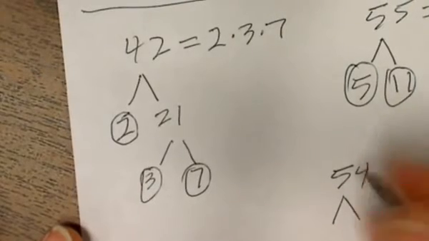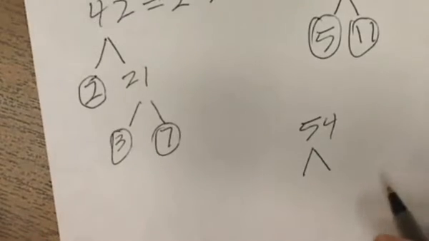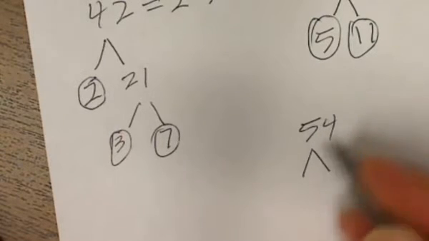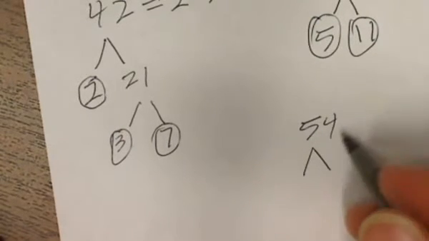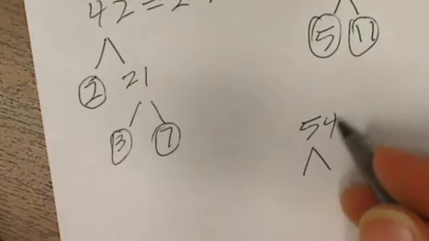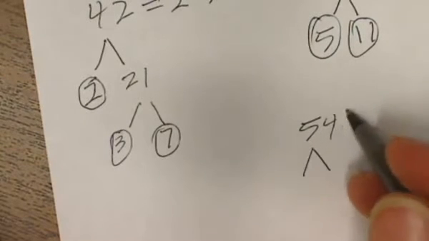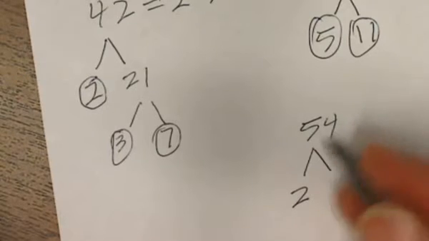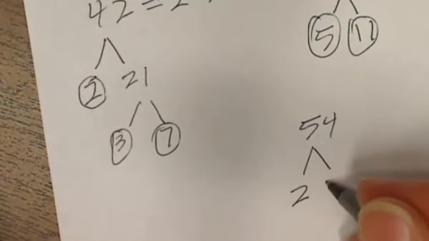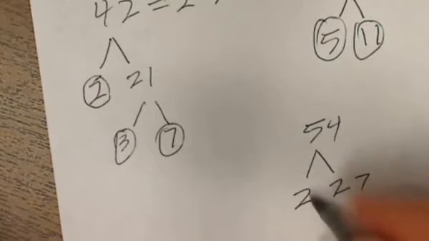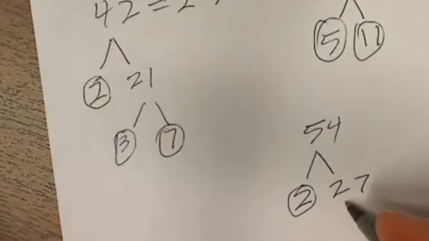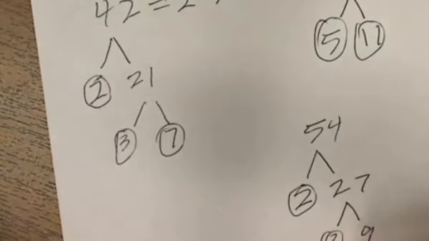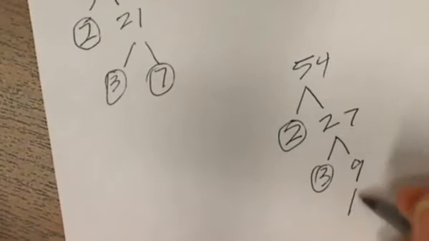54. Anything you can think of that goes into 54. Do you think of 9? 6 times 9 is 54. Do you think of 2? Maybe you think of 2 because 54 is even. So we divide 54 by 2. You have to do long division maybe, but 2 times 27 is 54. 2 is prime. 27 is 3 times 9. 3 is prime. 9 is 3 times 3.